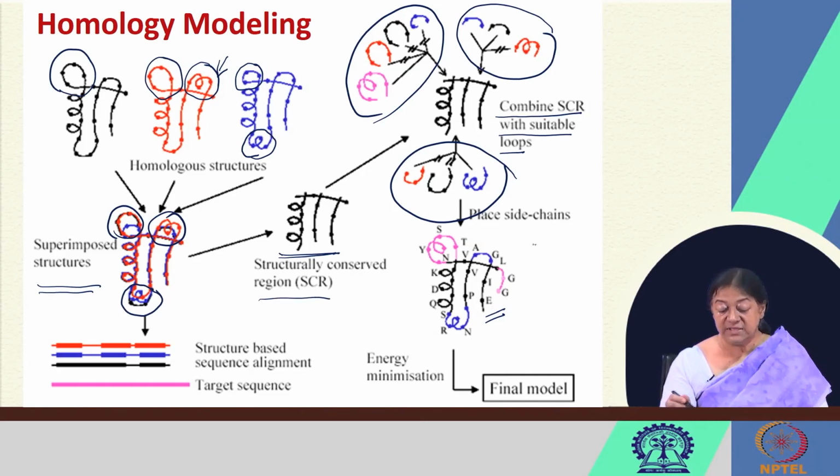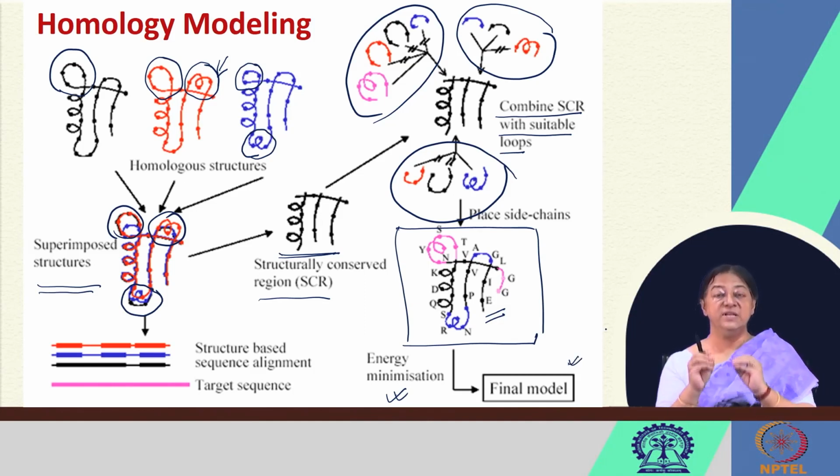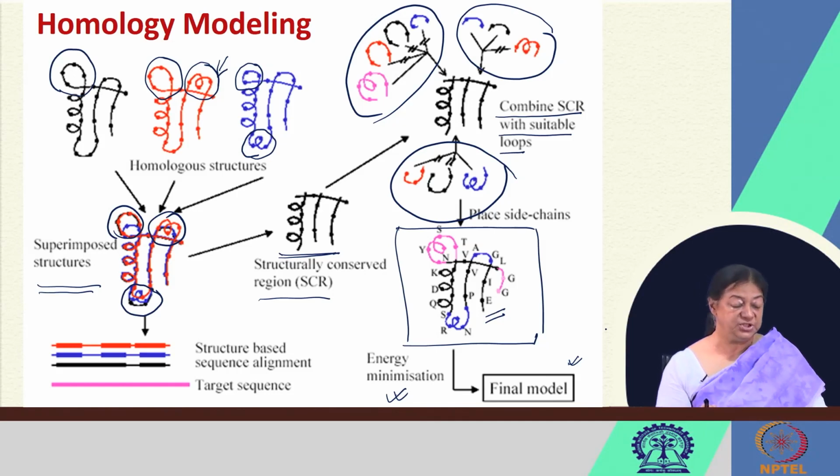So, when we have these connectivities put in place, we can place the side chains, do energy minimization, which we will be visiting in a moment, and come up with a final model that takes care of the structurally conserved region and takes care of the linkers in terms of the side chains that we see here.